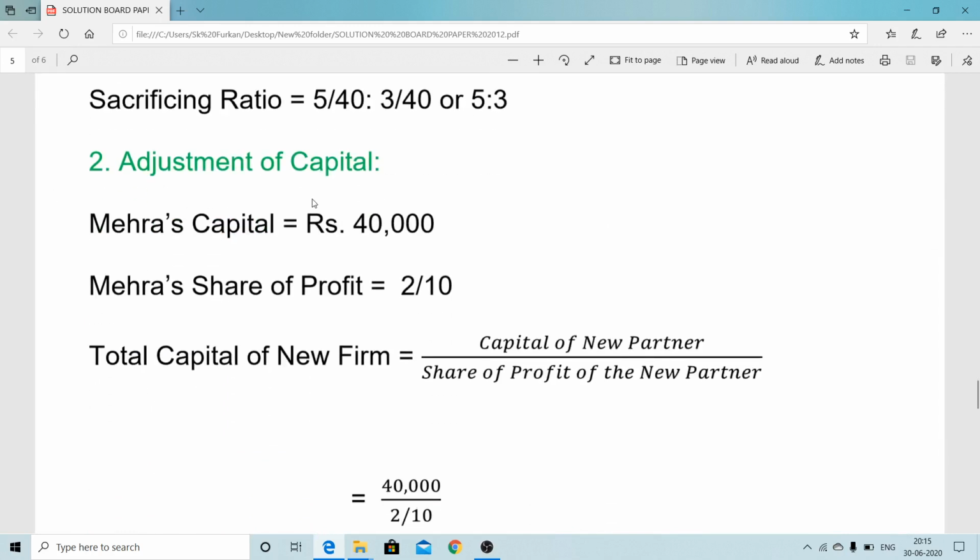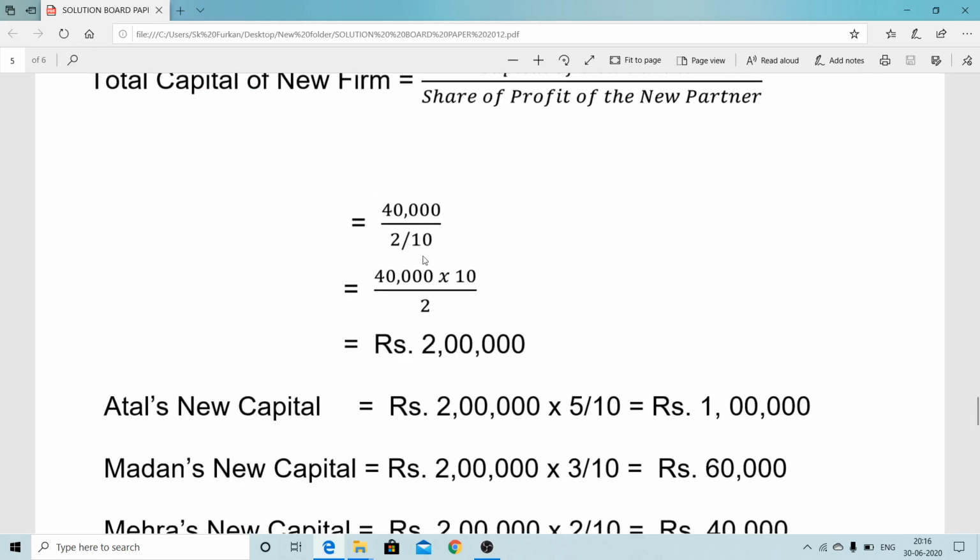Adjustment of capital: the new partner's contribution is 40,000 and he acquired a 2/10 share. So for a 2/10 share, 40,000. Suppose he wants to buy the total firm, how much capital does he have to contribute? Now 40,000 into 10 by 2, that comes to 2 lakh. Therefore the entire firm's capital is 2 lakhs.